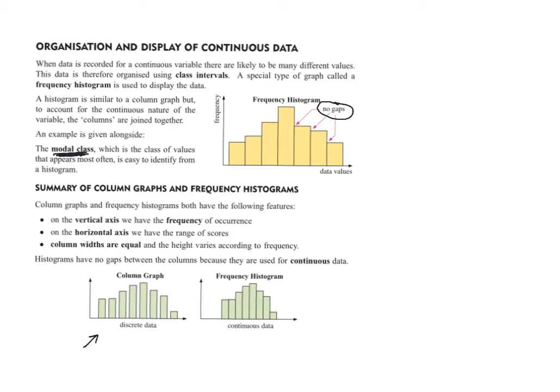So vertical, remember, is our y, and horizontal is our x. Now, column widths are equal, and the height varies according to the frequency. Okay. Histograms have no gaps between them, and that is because the data is continuous. So this graph is our big game changer for continuous data, and it'd be good for you to understand how to create one. So we're going to do an example on our next page.